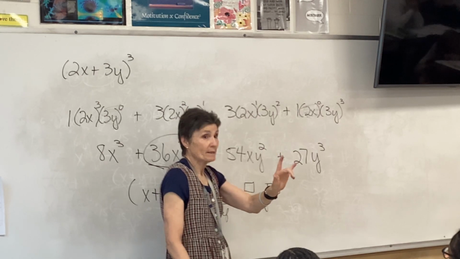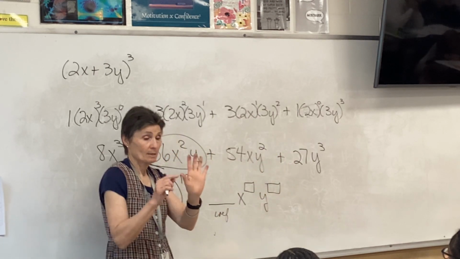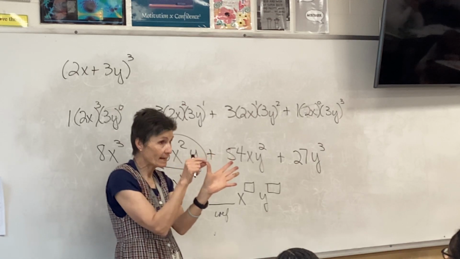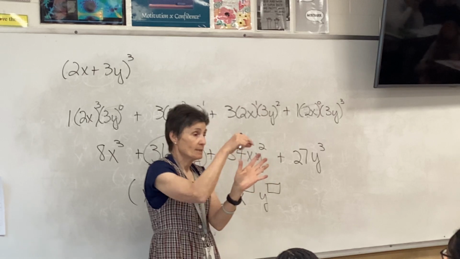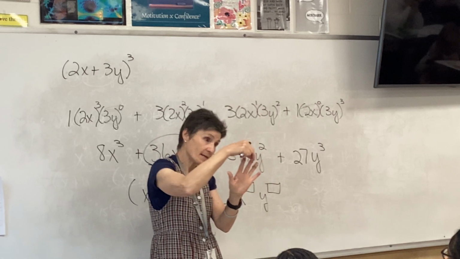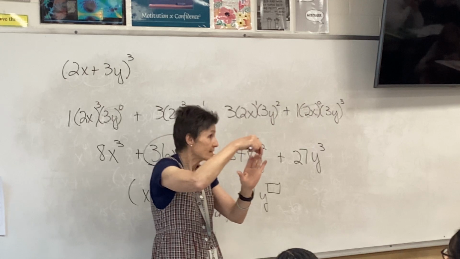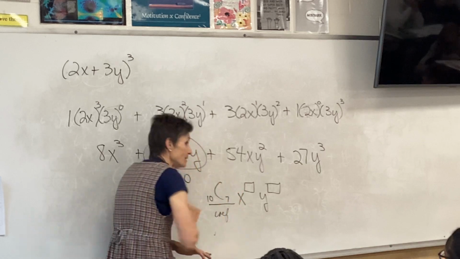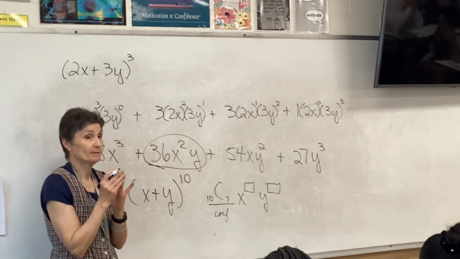So the first number in the 10th row would be 10C10, 10C9, 10C8, 10C7. So the coefficient that I need is 10C7.